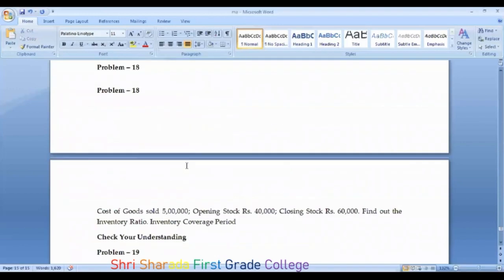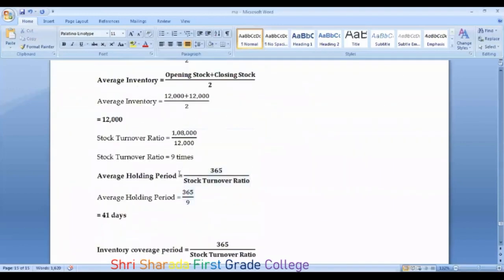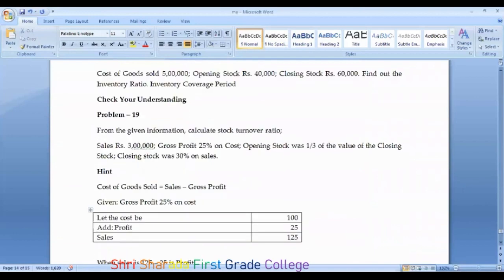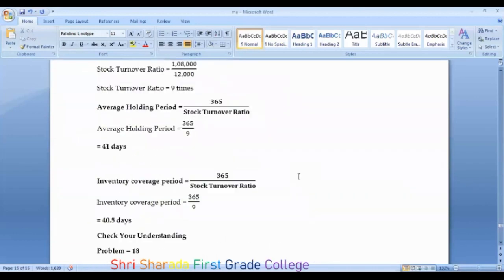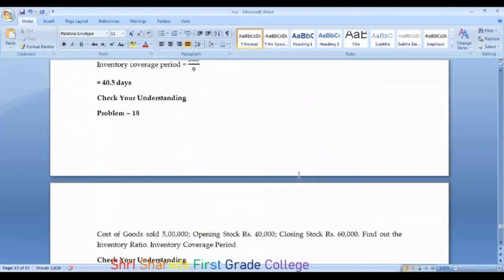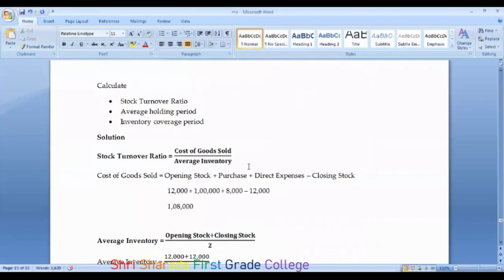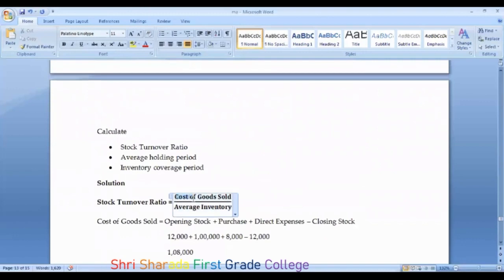So find out by applying the stock turnover ratio. Cost of goods sold is calculated and also you have to find out the opening as well as the closing stock.